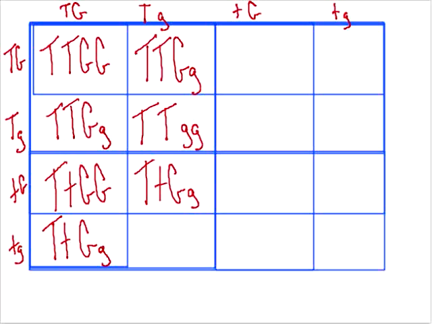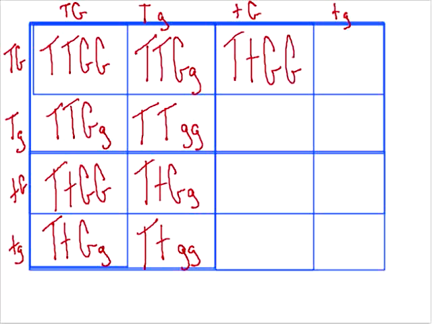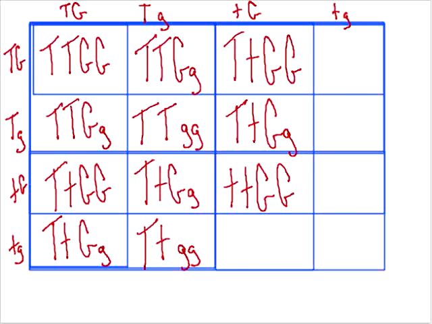big G, little g. Big T, little t, little g, little g. Big T, little t, big G, big G. Big T, little t, big G, little g. Little t, little t, big G, big G. Little t, little t, big G, little g.